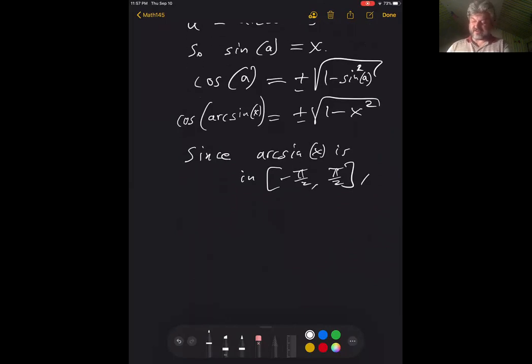The cosine is never negative in that interval.